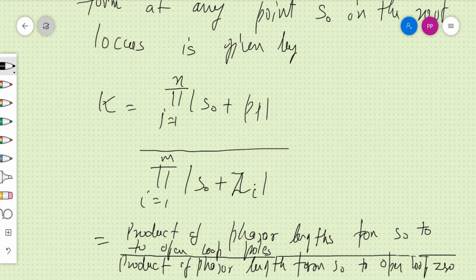Even it can be varied, and you can determine the range of values of those parameters for which the system is stable. So this much is for today, and in the coming lecture we shall explore a few more problems on root locus.